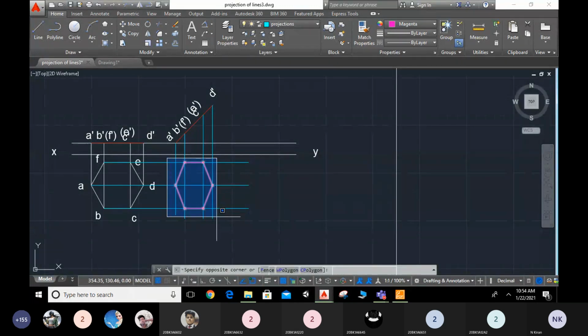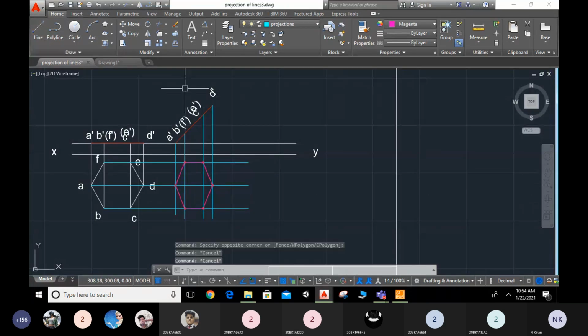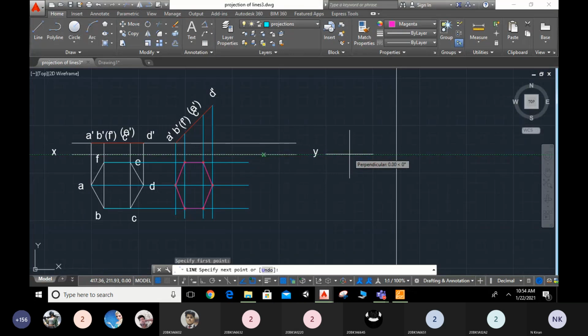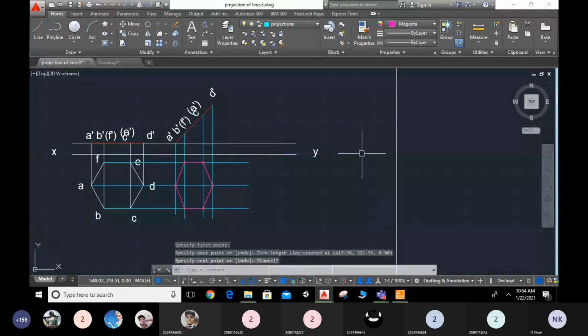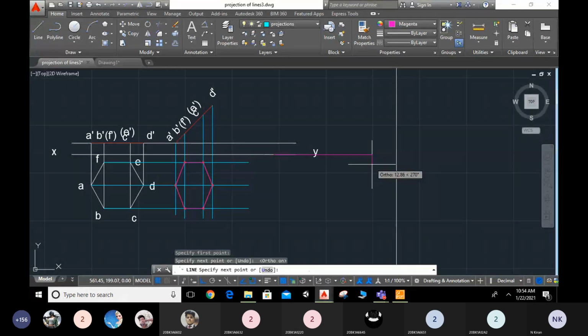And again for this, I will take a line. Let me take one reference line. Some line I have drawn here, on ortho mode, and I will draw like this.